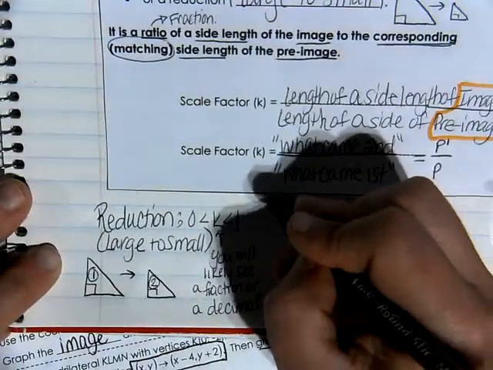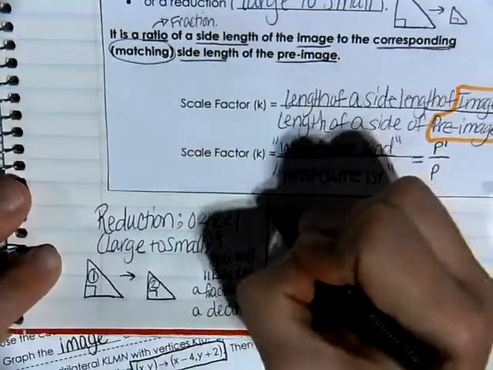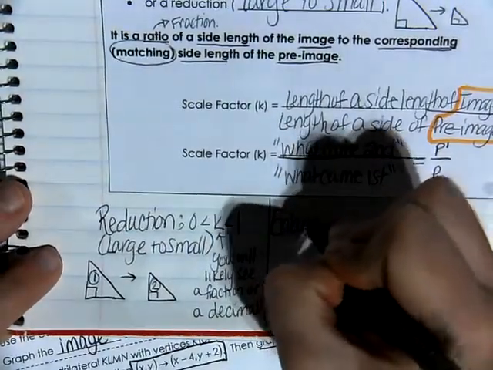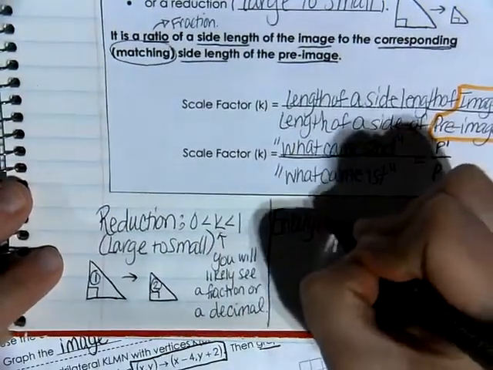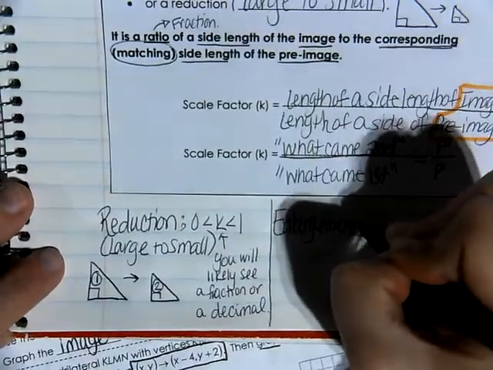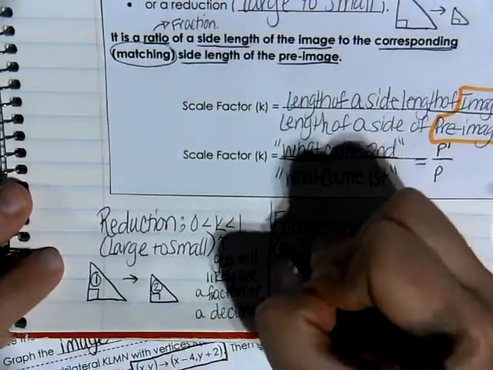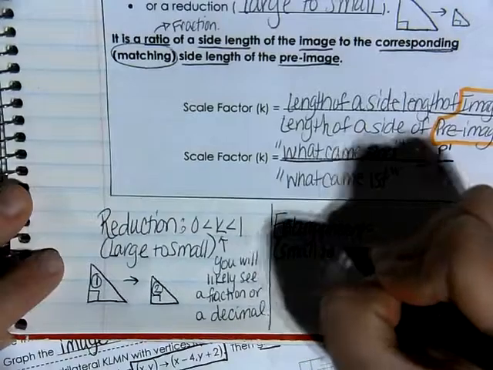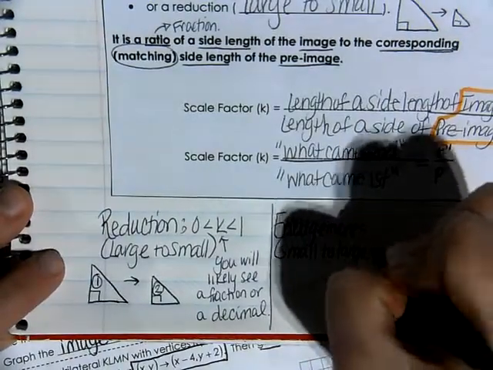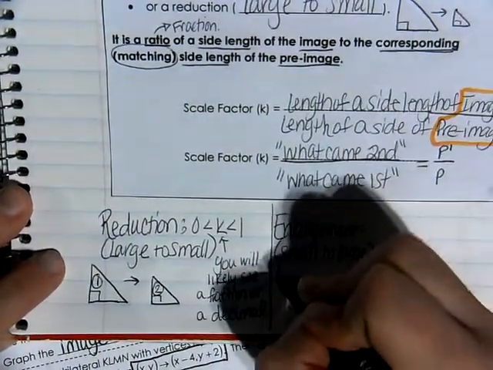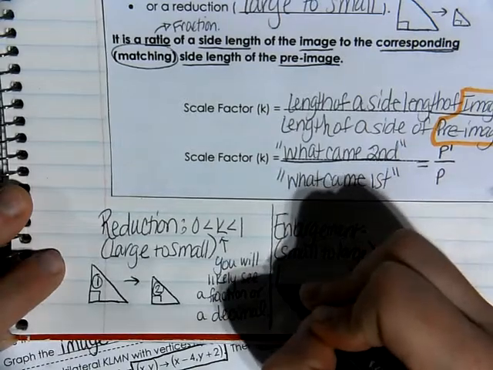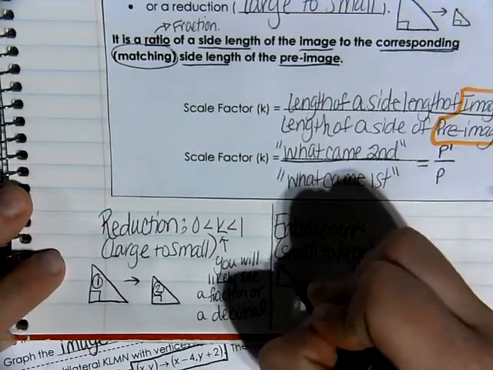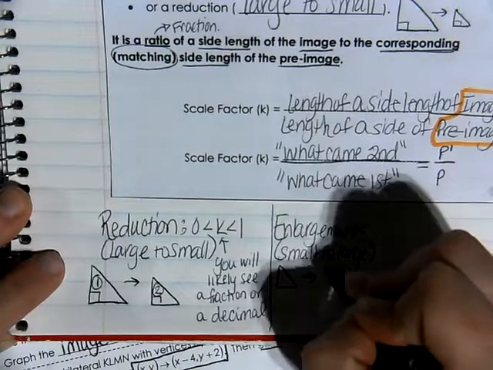So that's a reduction. An enlargement means you're going from small to large. It looks like this. We are starting off with a small figure, and it becomes larger.